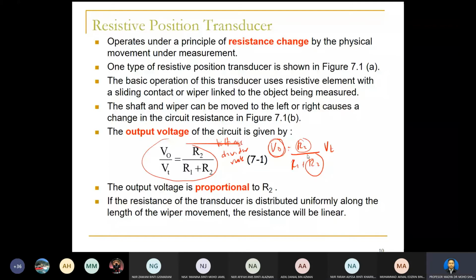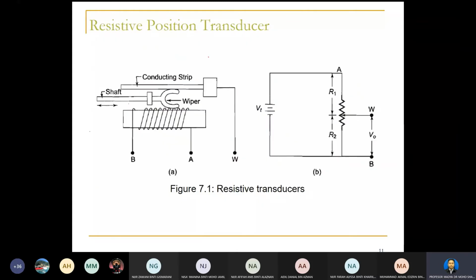So this is a circuit. This is the mechanical part, and from this mechanical part they convert into the electrical. Similarly, this is the power supply from A to B. A to B is our supply here, and this is our resistor.